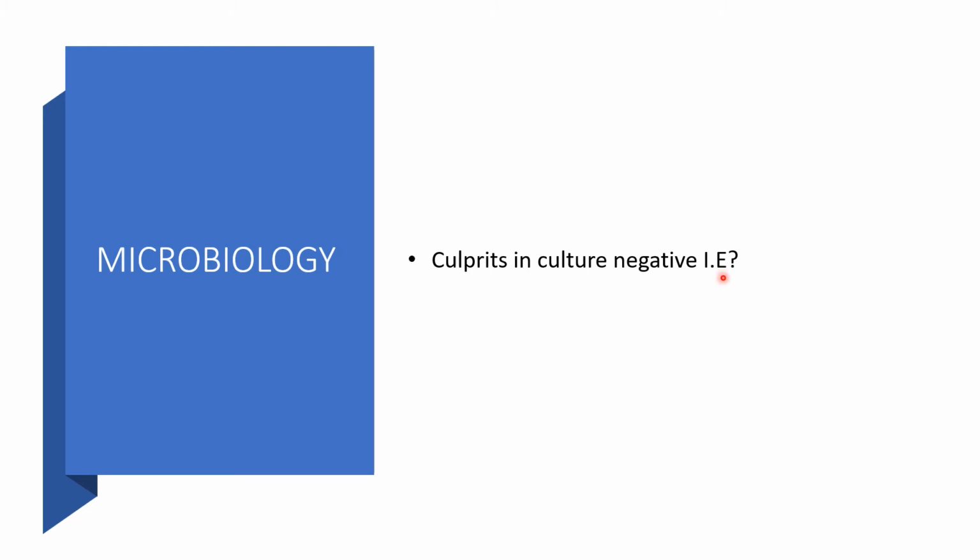It is infective endocarditis and it is culture negative. What are the possible culprits here? Yeah, could be chlamydia, legionella, mycoplasma, brucella, bartonella, or Coxiella burnetii species. They could be responsible for culture negative infective endocarditis.